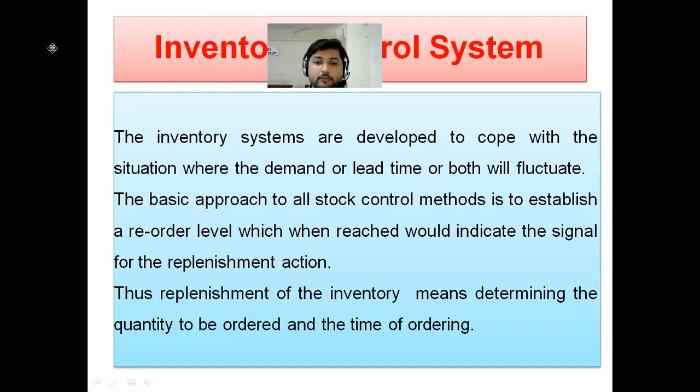The replenishment of the inventory means determining the quantity to be ordered and the time of ordering.